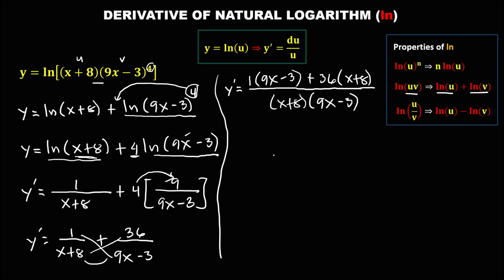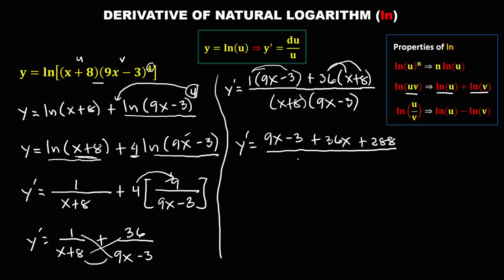Then to simplify, so multiply, this becomes 9x minus 3 then plus this 36x, then 36 times 8 so plus 288, then over this x plus 8 times 9x minus 3.